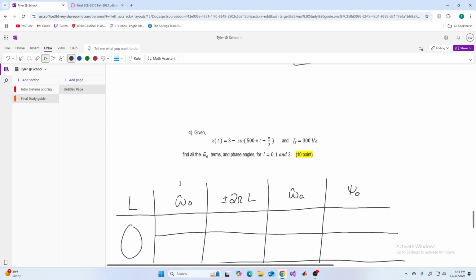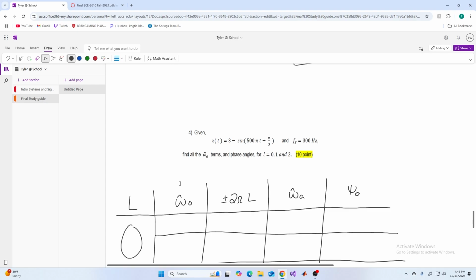So the very first thing we need to do is turn our x sub t into all positive cosines only. The first thing we have is 3. 3 can be left alone. It's our DC signal. It has no sine. It has no cosine. It gets left alone. Now we need to look at our sine.